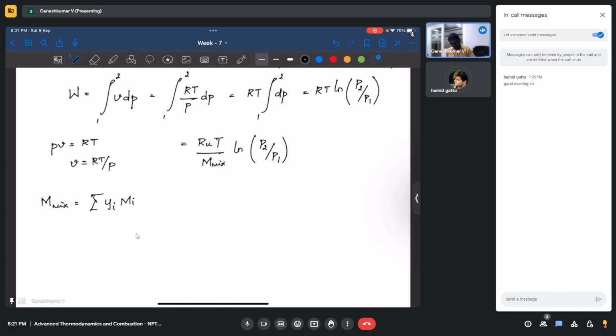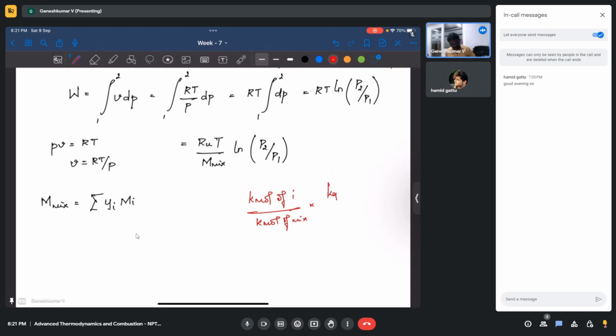So if you look at it here, the y is kg of I, sorry, not kg, it's a mole fraction, kilomole of I by kilomole of mixture.